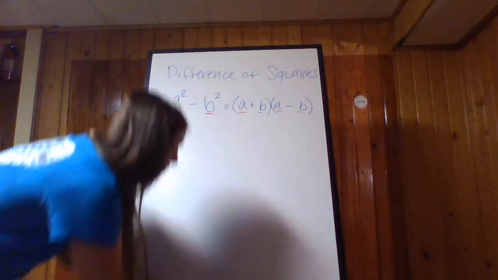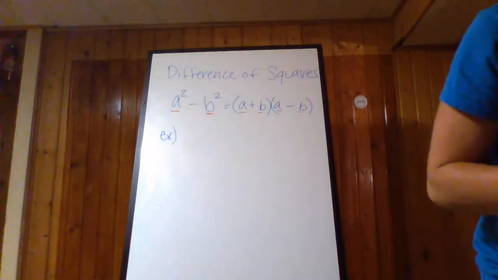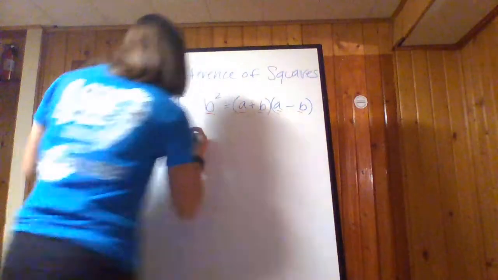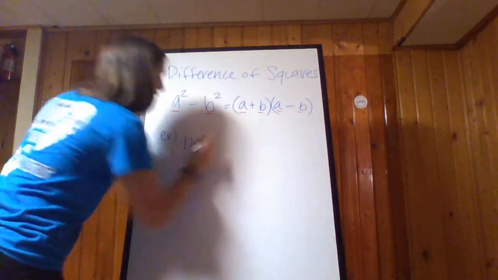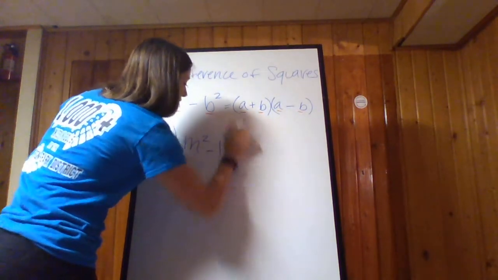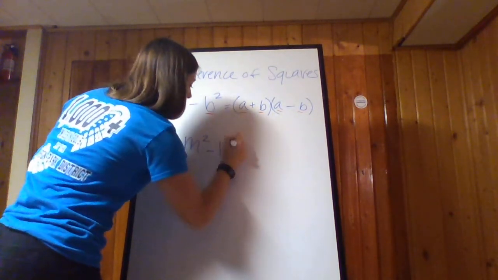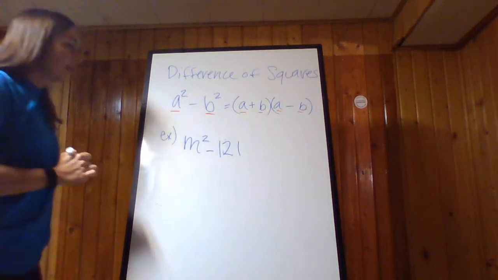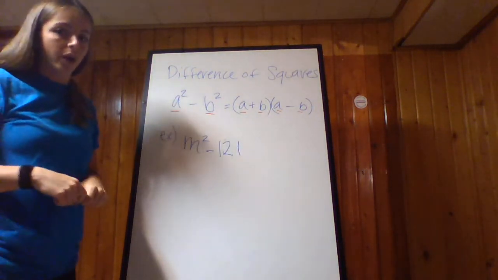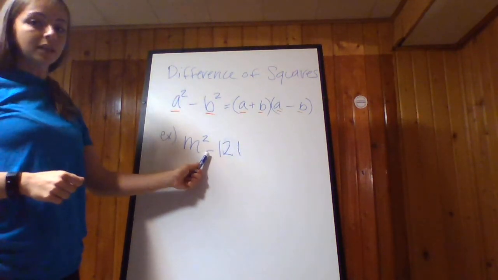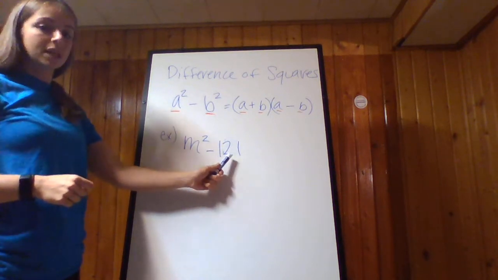So let's use a different example. Let's say m, right, because I can use any variable that I want, m squared minus 121. Okay, so again, the way that I decide to use difference of squares is I have a variable that's squared, subtraction comes immediately after, and then I have just a constant.